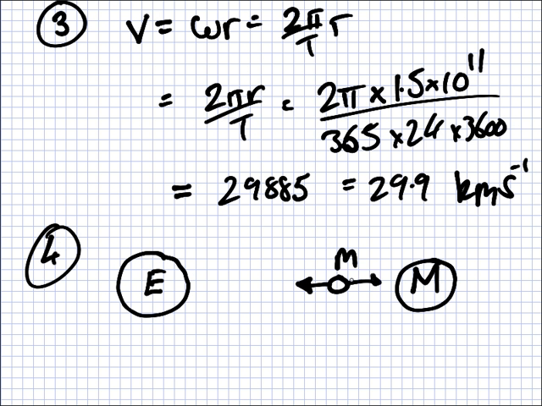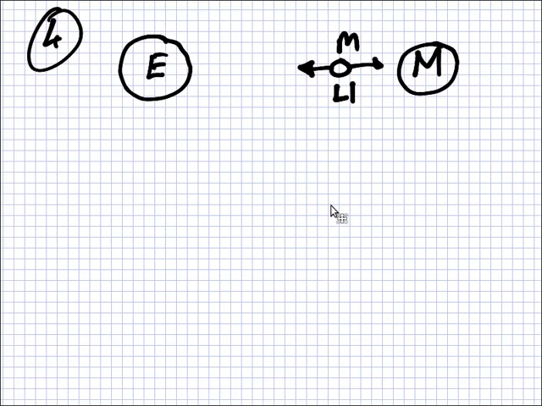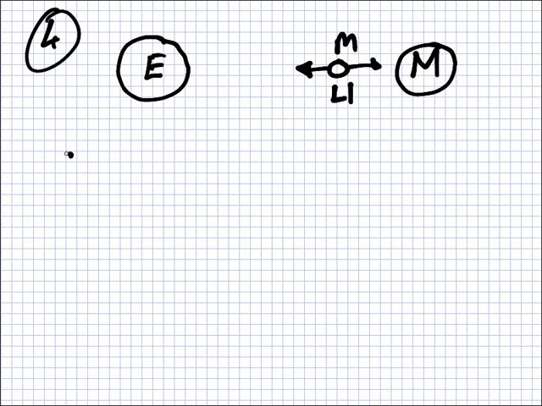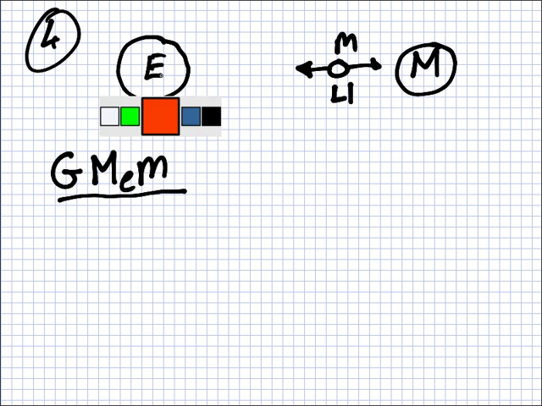At some point these two will be balanced. This point is actually called L1, I think. Anyways, that's not important. So the force to the left will be G, mass of the Earth, mass of the spaceship, over, and we'll call this distance X.